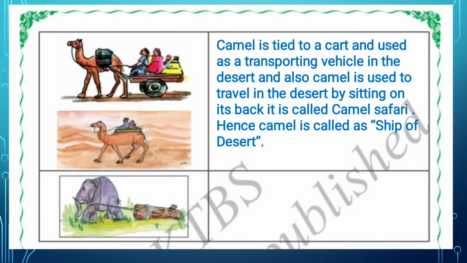As the camel can easily walk in the desert areas, the camel is called the ship of the desert. Like how ships sail easily on water, in the same way camels move easily in the desert, hence they are called the ship of the desert.